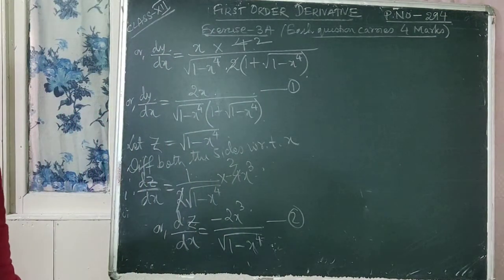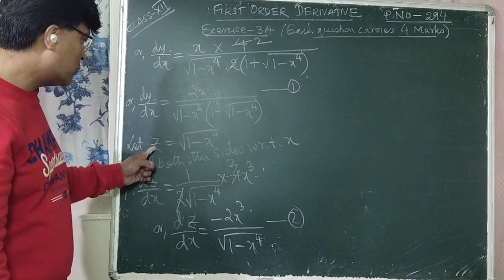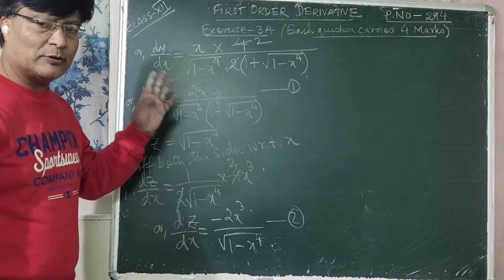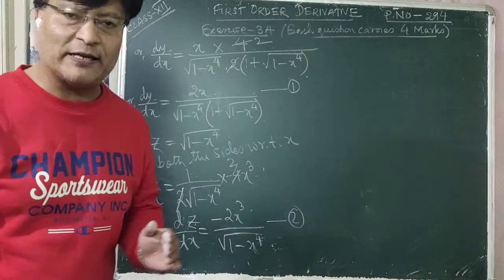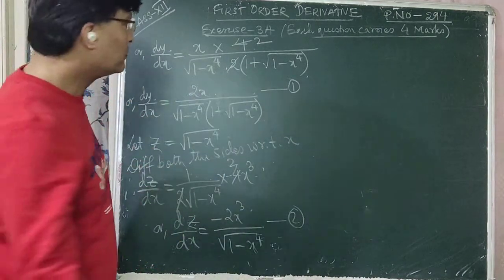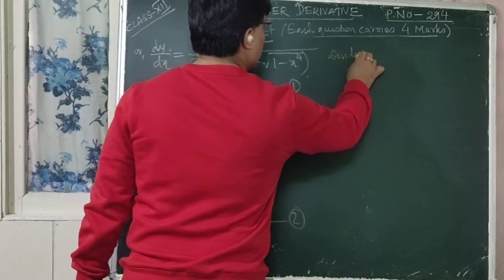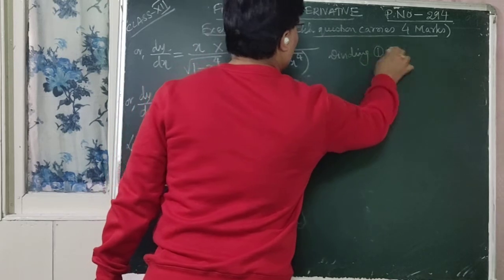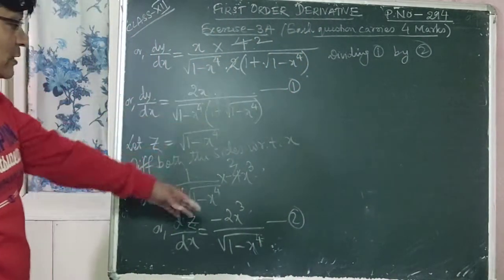Now actually, first function was assumed as y and the second function was assumed as z. You have to differentiate y with respect to z. That means you have to find out dy by dz. That means dividing 1 by 2, right?